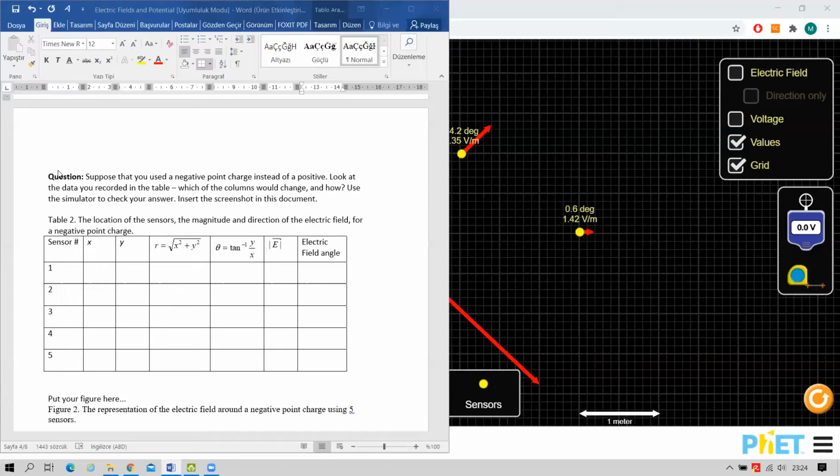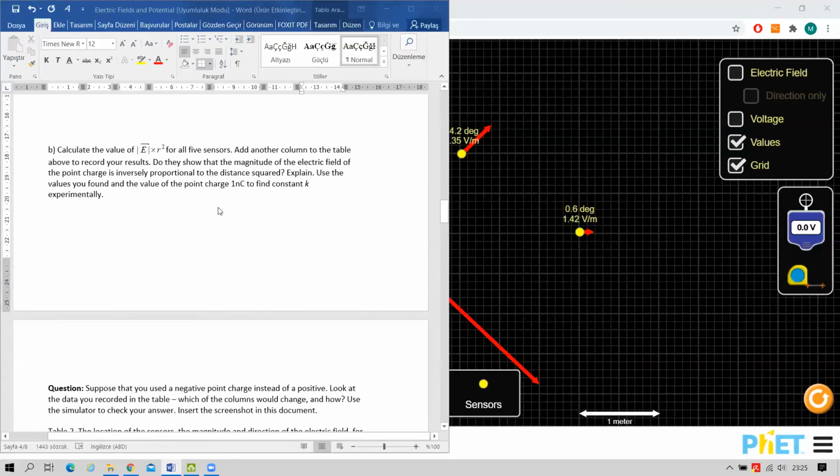So what you do in your simulation is just change the plus charge to a -1 charge, keep all the sensors in the same place, fill out this table again for the negative charge, and look at the differences.